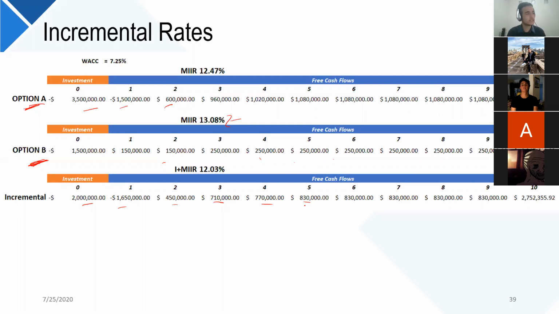And actually what we are seeing here is that the incremental modified internal rate of return is greater than 7.25%, okay? That means that if you were to invest in this option, you will be losing money as an opportunity cost. Why?